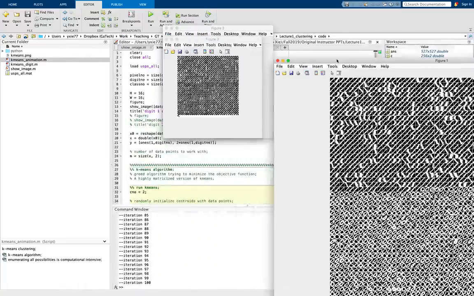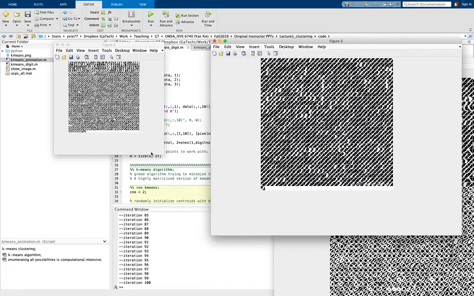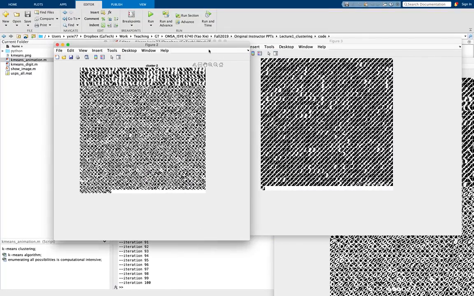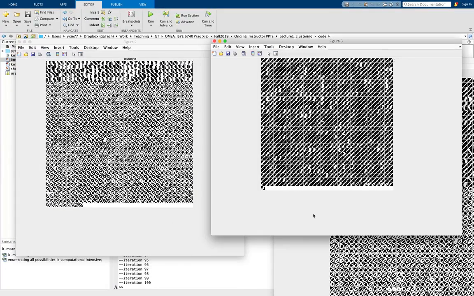Okay, and this is the result after we perform k-means clustering, and these are the two sets of data points being clustered to each of the clusters. As you can see, this seems to be the cluster for the 0s, and this seems to be the cluster for the 1s. It seems like most of the ones are being put into the correct cluster, although there are some zeros like these, because of the way they're written, like a stroke in this direction, that are mistaken as a 1 and put in this cluster.